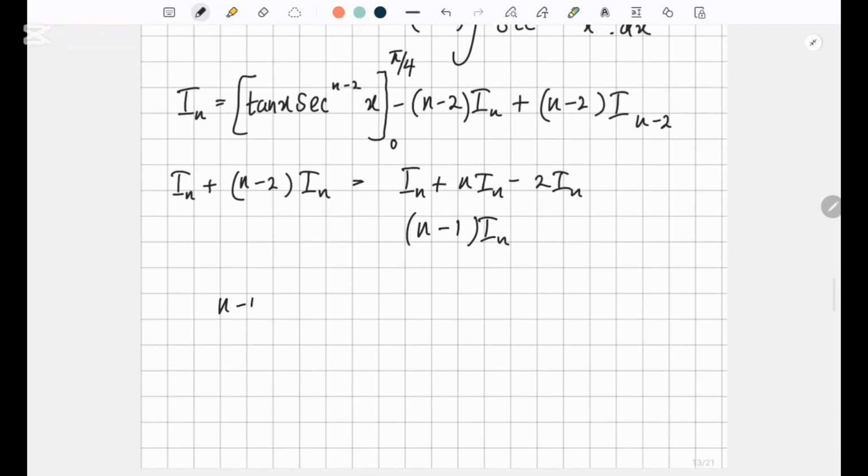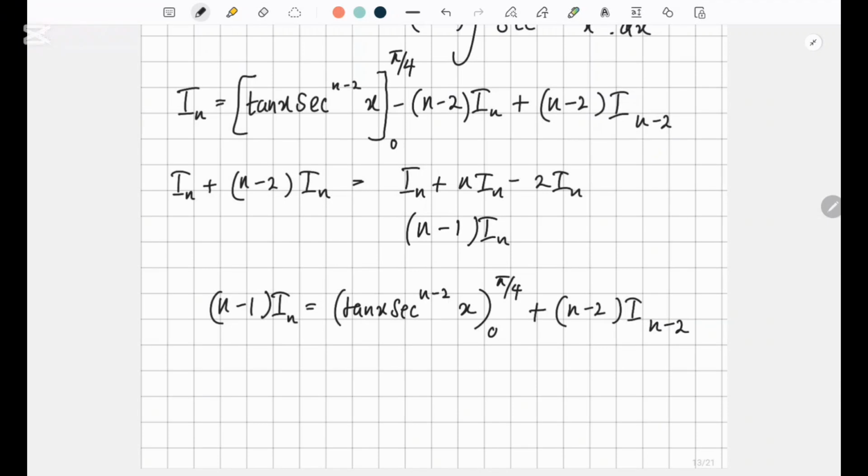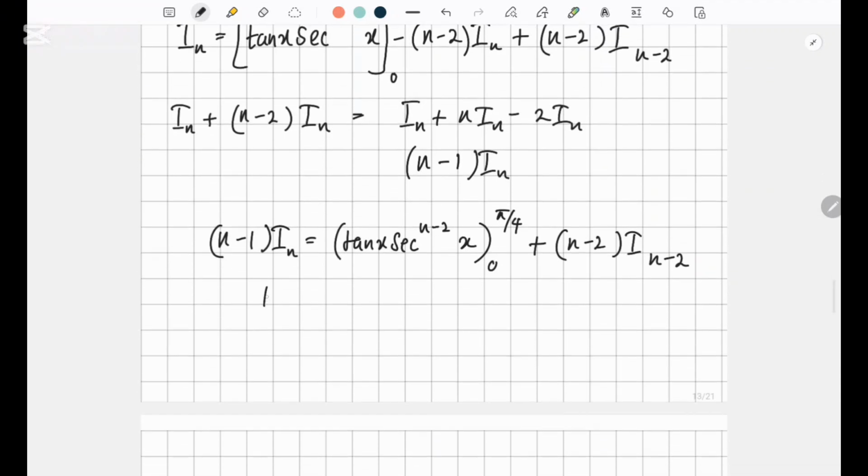So you can write (n minus 1) I_n equals tan x sec x to the power n minus 2, with intervals, I always say power, plus (n minus 2) into I_(n minus 2). Now you found I_n, right? So to make I_n the subject, you should just divide both sides by n minus 1.